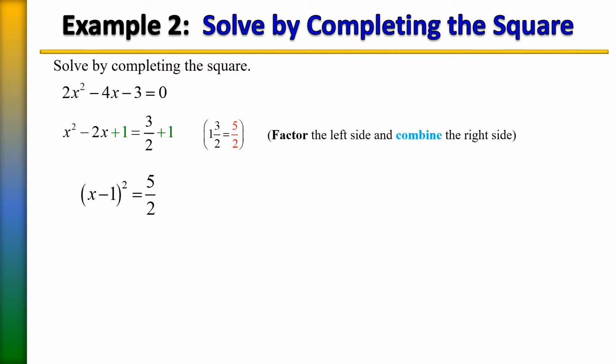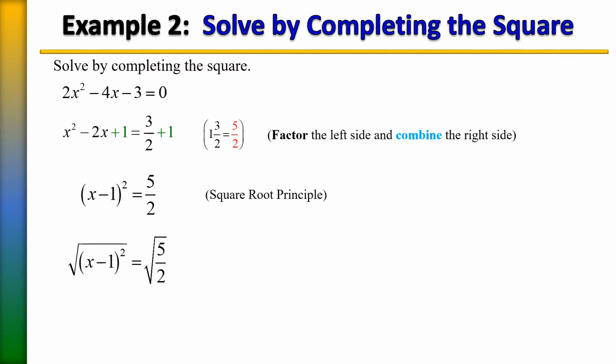Next, because the equation is now in the form where you have your square term on one side and your constant on the other, we can finish this equation by applying the square root property, which states you're going to take the square root of both sides. On the left side, having a squared number and then taking the square root of it is a reverse process that cancels each other out, and it allows you to bring down the x minus 1 alone.